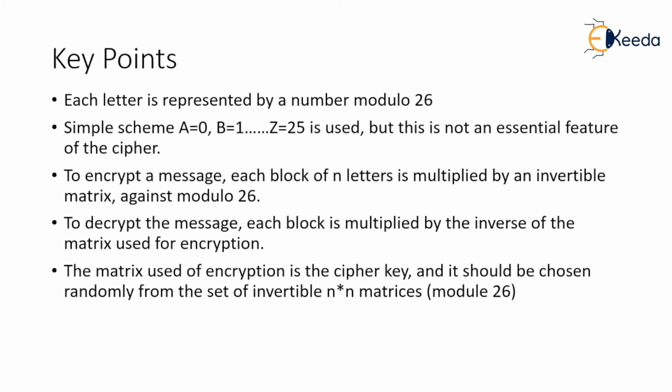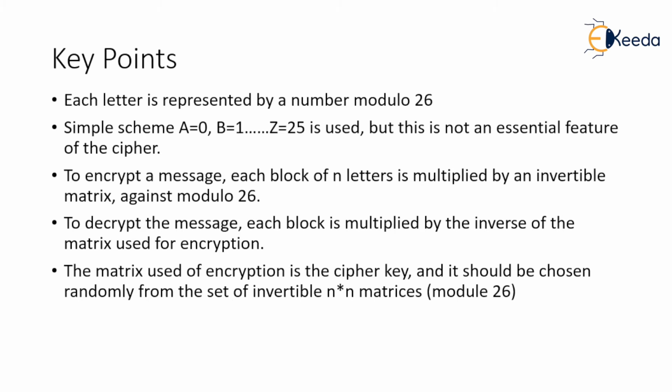Here we follow a simple scheme wherein we assign each alphabet a number starting with 0: 0 to A, 1 to B, and so on till 25 to Z. This is not an essential feature, but generally for the easiest conversion of your alphabets into numbers for calculation purposes, this scheme is used.